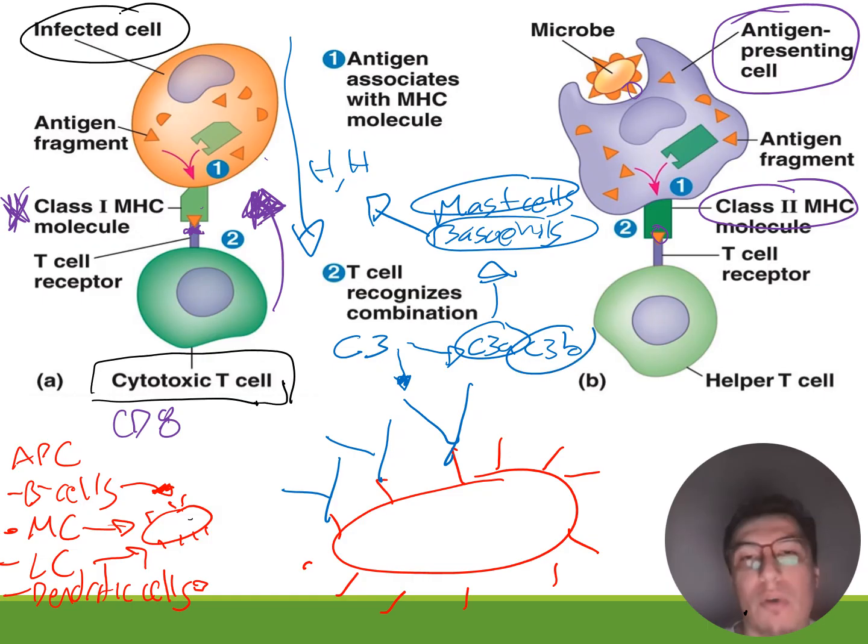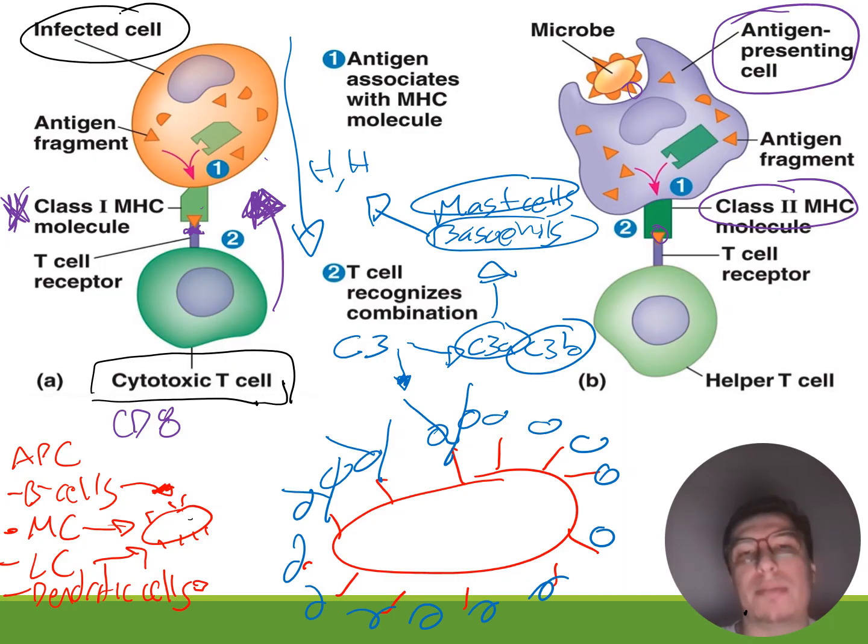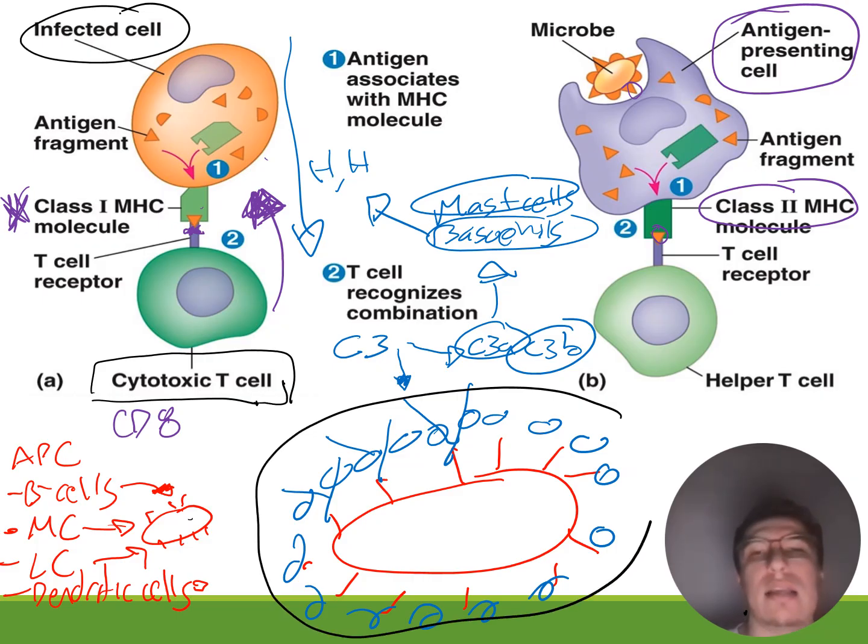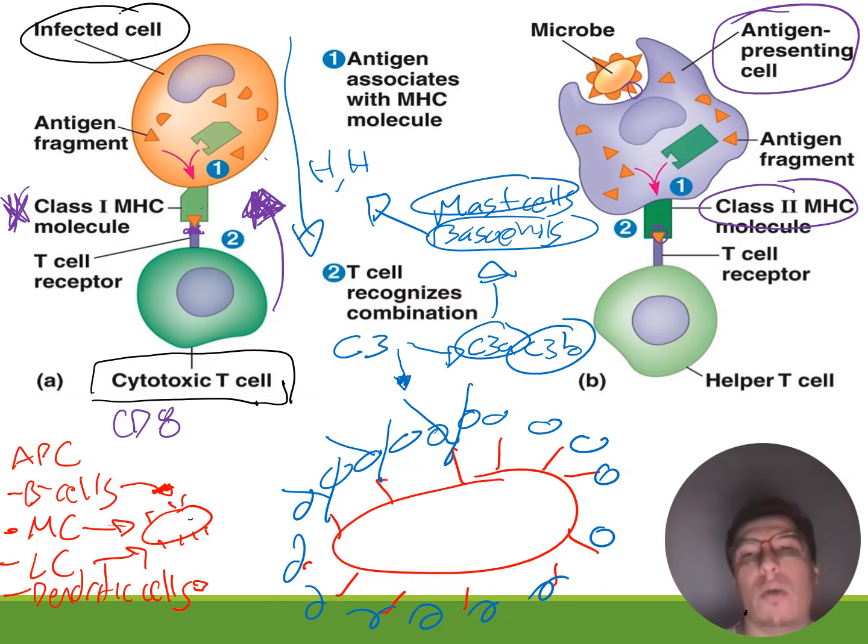And the C3b portion of that complement protein is going to bind to this, and it's going to opsonize this pathogen. When you opsonize this pathogen, it is a lot easier for the macrophage to come and engulf this and digest it. What this complex could also do, other than opsonization, is form a larger membrane attack complex.